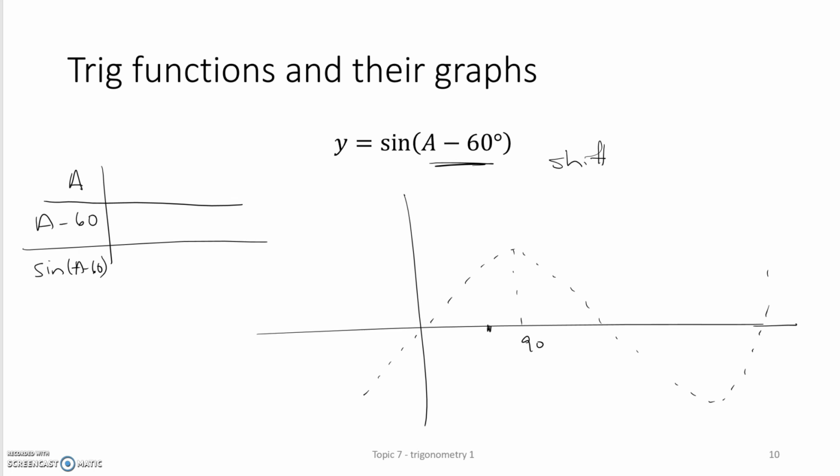So it's going to start here, and it's going to go through, so that one went through 180, and this is 270. So it's going to come down here at 270 plus 60, so at 210. And then it's going to go up again at not 360, but 360 plus 60, which would be 420.